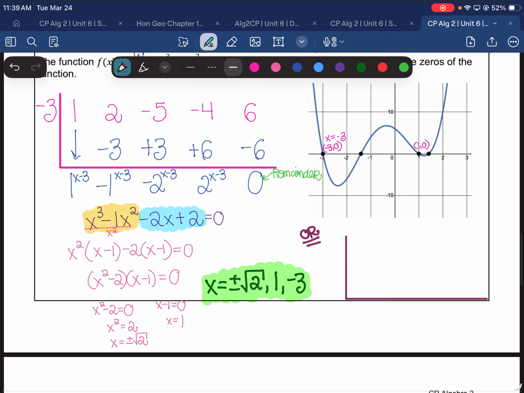You would take all of these numbers from our first round of synthetic division and use them as your coefficients. So I'm going to use 1, -1, -2, and +2. We already used -3, which was one of my x-intercepts. So what's the next one that I want you to use? You already know it.